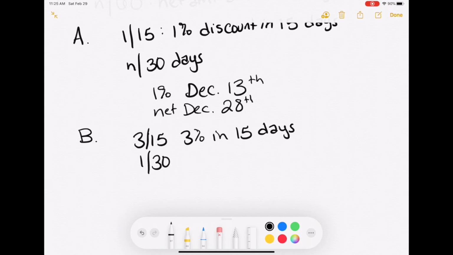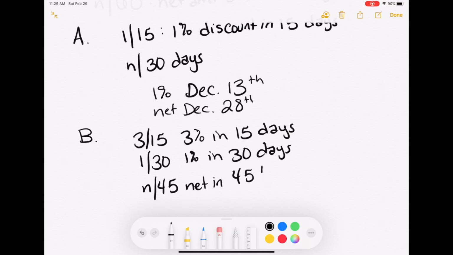1/30, 1% in 30 days. Net 45, net in 45 days.